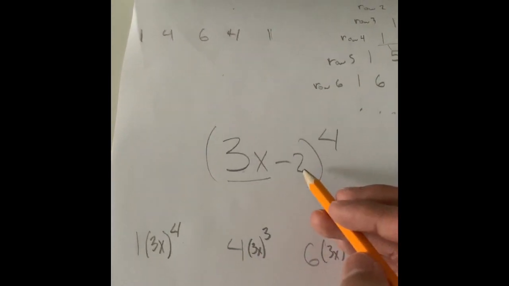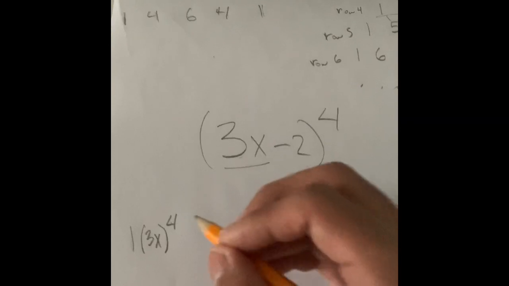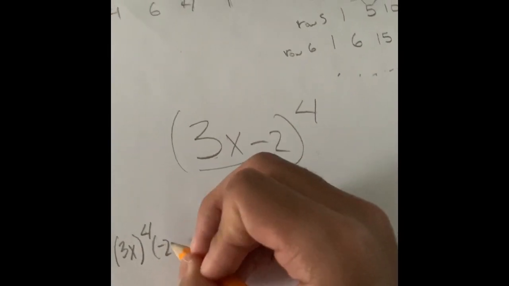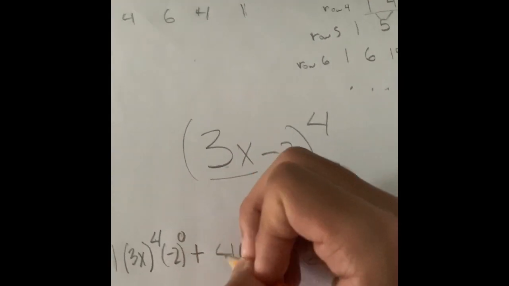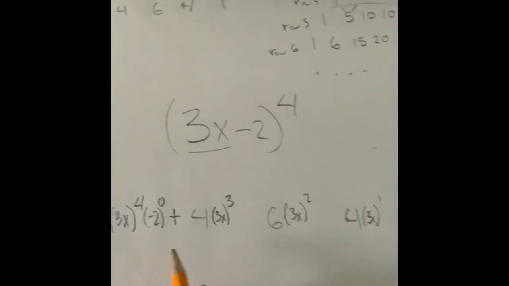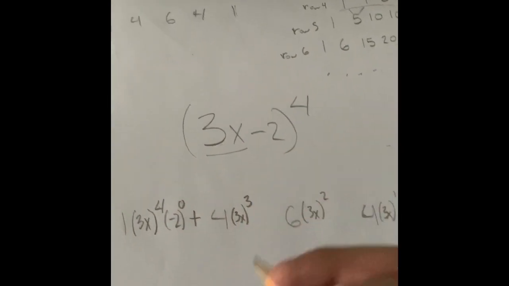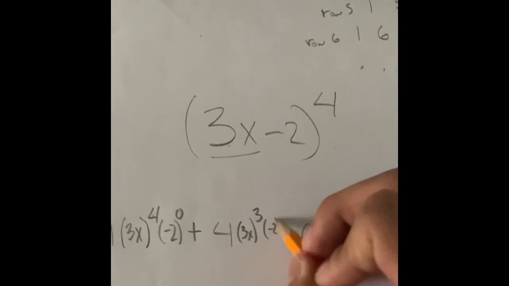And now we take the second number and we go ascending. So now we got negative 2. Multiply this by negative 2 to the 0. Make sure we always put a plus in between all of these numbers. Now we're ascending from 0, so it's going to go 0, 1, 2, and so on. So now it's going to be negative 2 to the first.